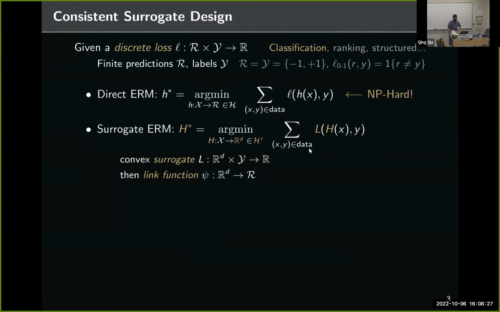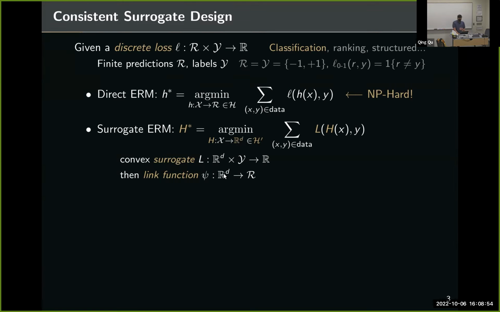We usually do this surrogate version where instead you find a convex function, which now takes values in R^d. So now your hypothesis will be mapping your features to some sort of vector, and think of it as a score vector for the different classes or something like that. Then you can minimize this, but what do these predictions mean?